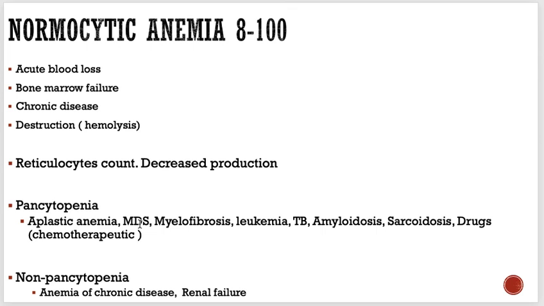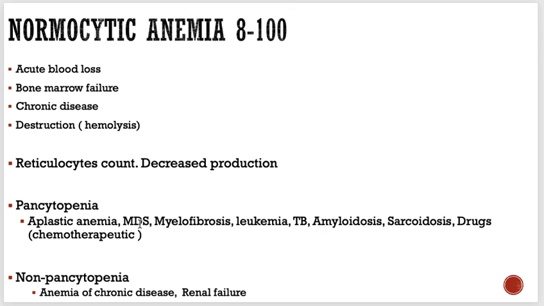But the ultimate treatment stays allogenic stem cell transplantation. That is the most important thing we can do for these patients. Sometimes we perform a splenectomy as well, because the spleen is a site which destroys the cells.